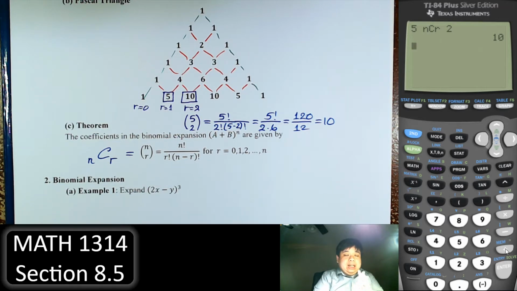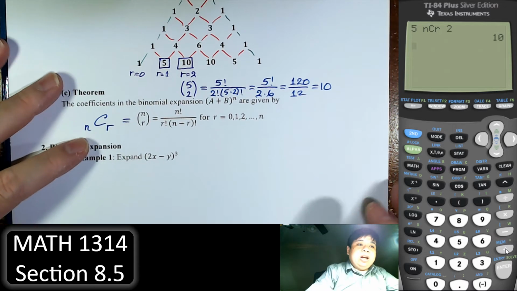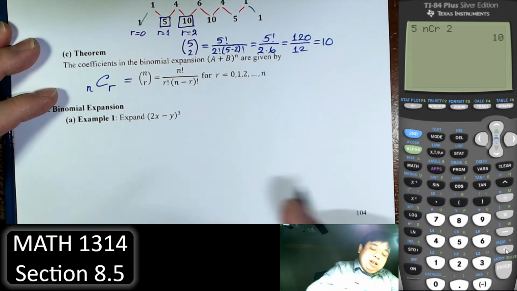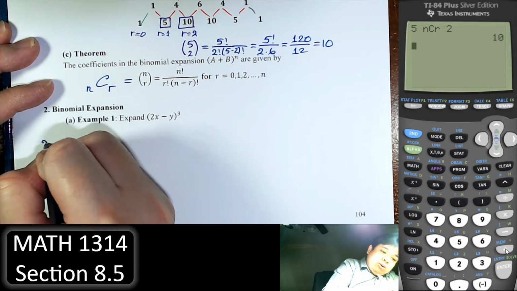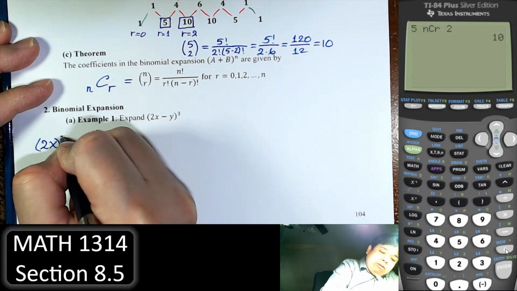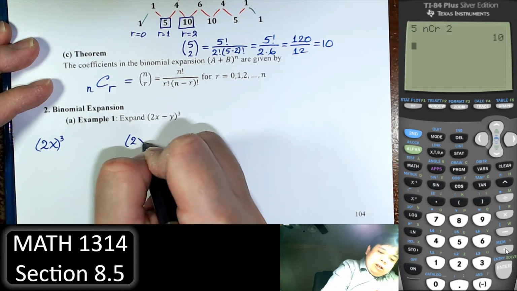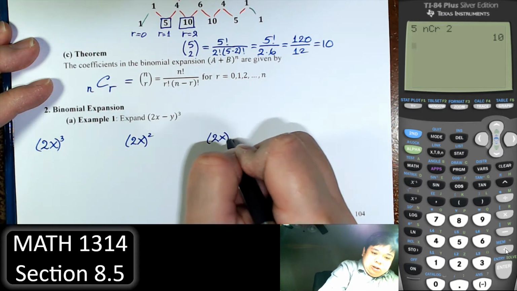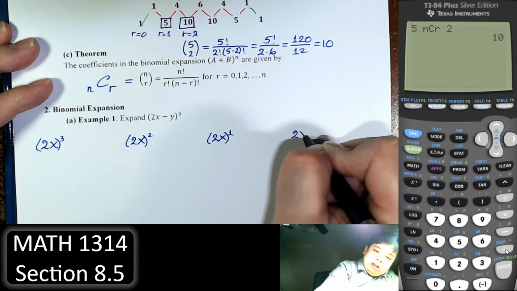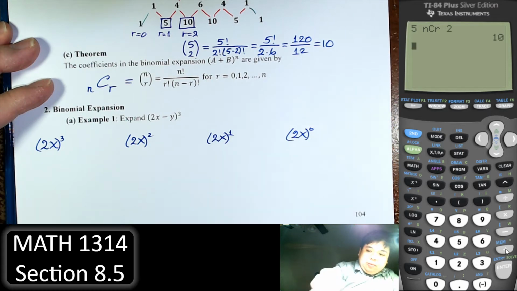Now, binomial expansion, we have 3 components. The first term is power decreasing from 3, from whatever that is. So I will say 2x. This is the first component. Start from 3, 2, 1, and 0.